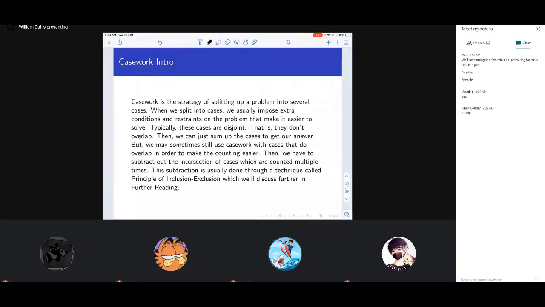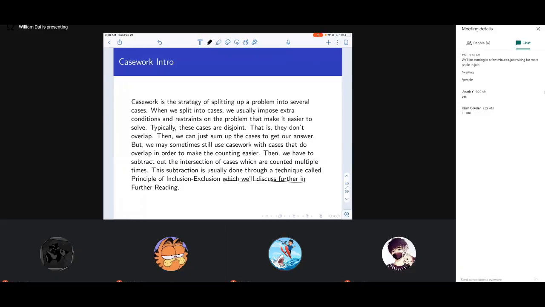Then we just subtract out the intersection of the cases, and we use a technique called the principle of inclusion-exclusion. We'll talk about this in a future lecture, hopefully.